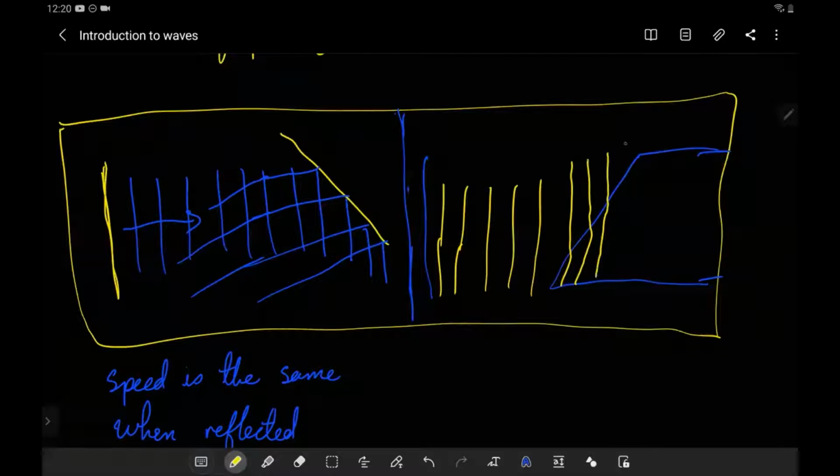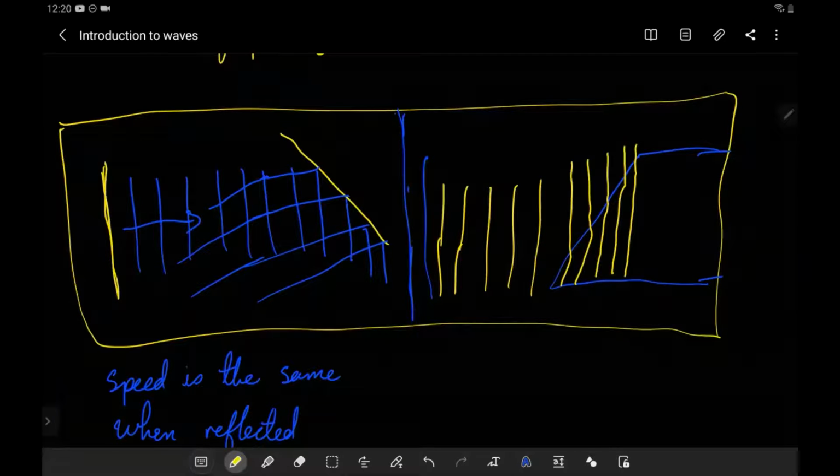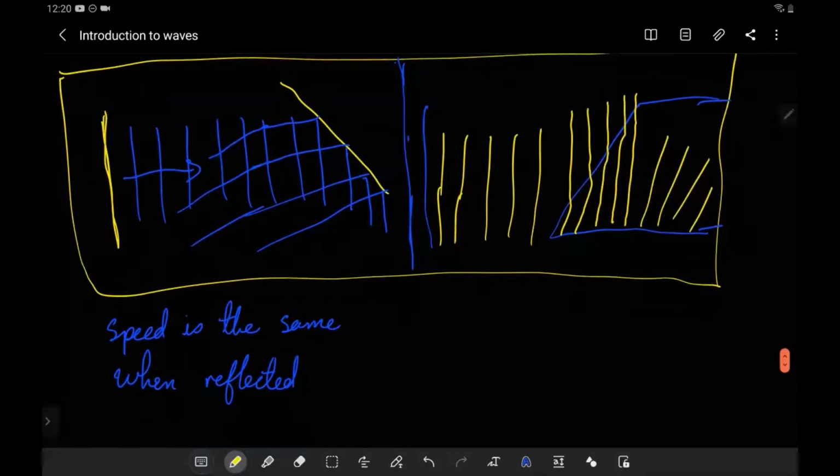And the more it goes in, the more it bends. So we would see until it all comes in.